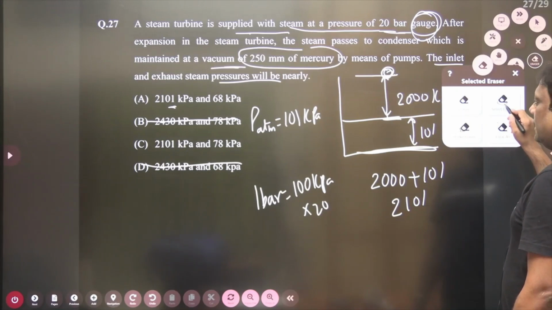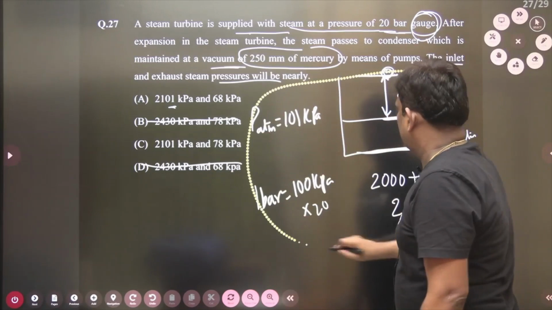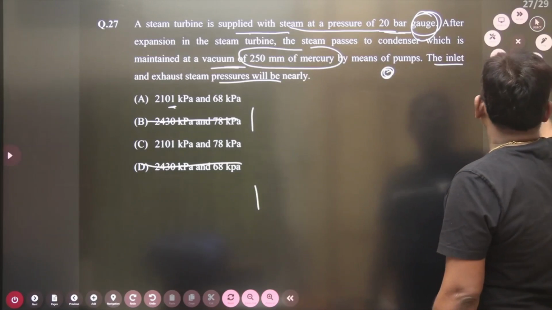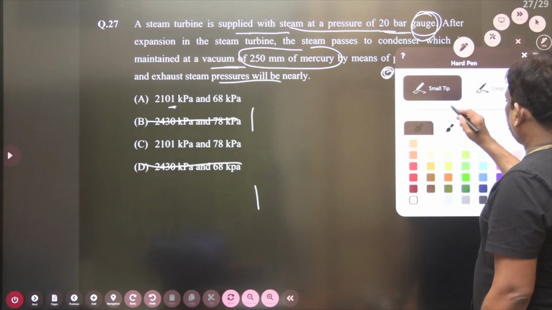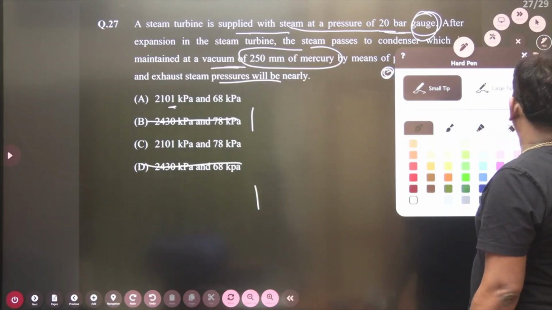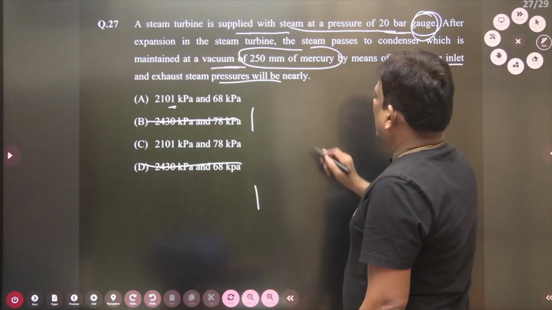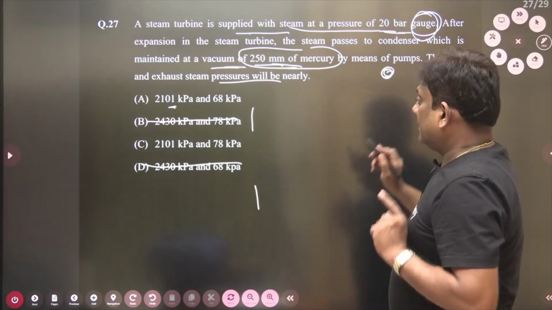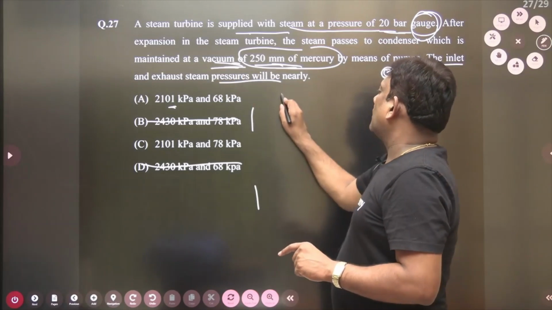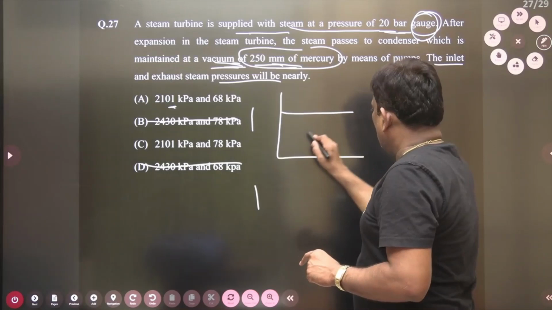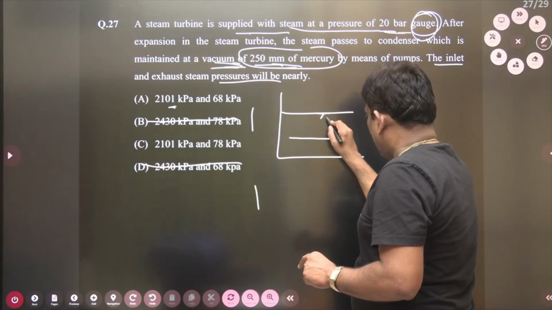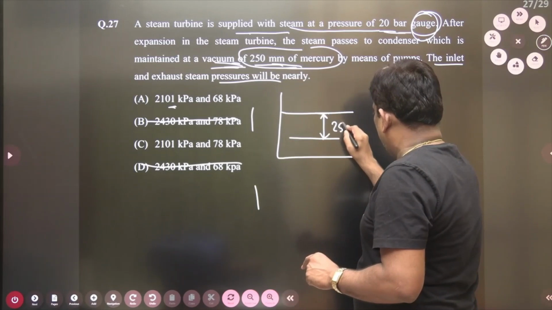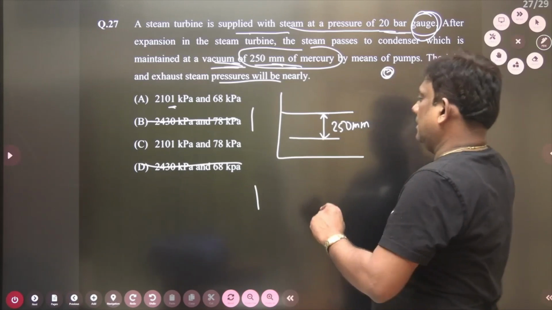Let's go for exit pressure. Now let me erase this. Okay, it is 250 mm of mercury, but clearly he said vacuum. What does vacuum mean? It is measured from this line, and this is given as 250 mm of mercury.